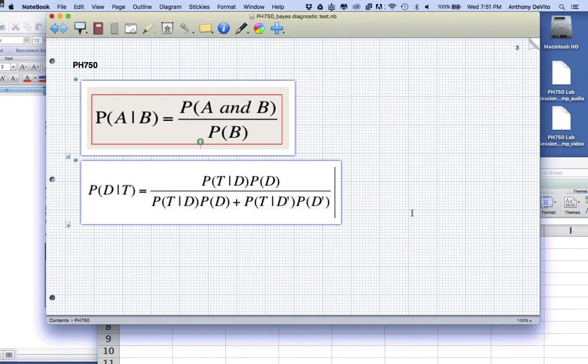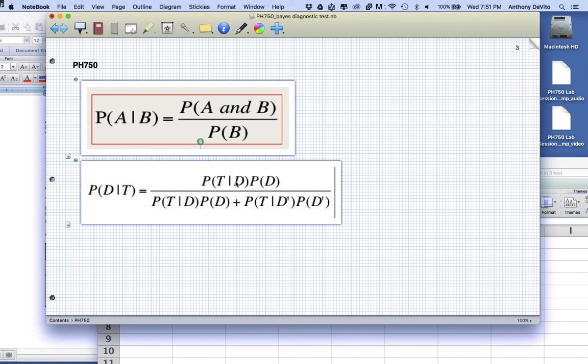Oh, that's a true positive. Yes, but yes, it's the sensitivity, right? The probability that you test positive, given you have the disease. In other words, this would be 80% for the nickel test that we were looking at. You would test positive 80% of the time, given that you have the disease. So this is 80%.